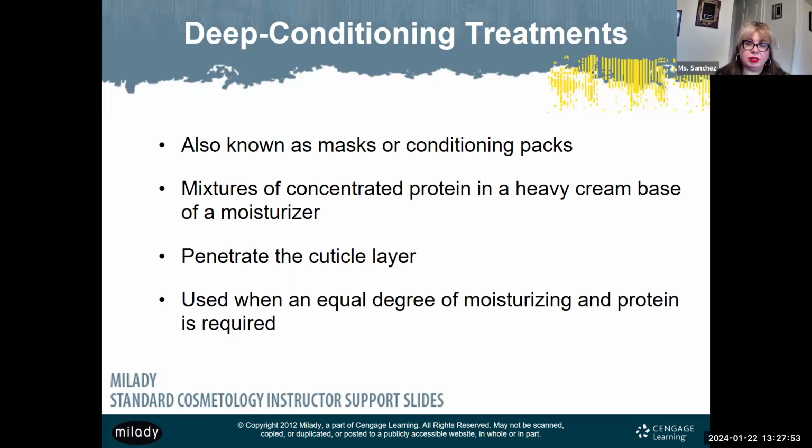Deep conditioning treatments. Now we're going to talk about the deep conditioning treatment, also known as mask or conditioning packs. Those treatments are very thick. The consistency is like sour cream, I would say. You apply it to the hair. They may have emollients, keratin, different ingredients, depending on the brand and the product.